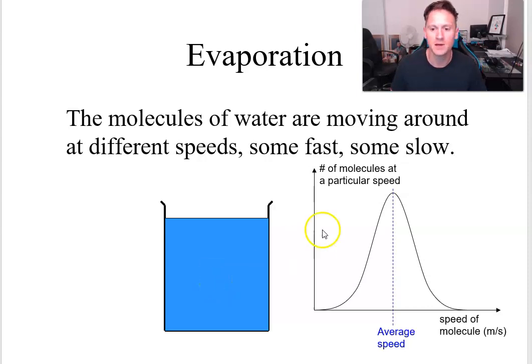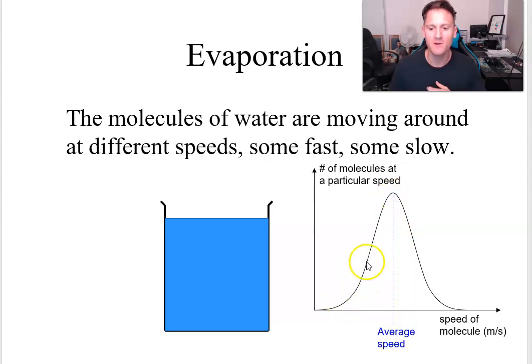Okay, so if we look at this graph here, we're graphing the number of molecules at a particular speed, and we've got a normal distribution bell curve here. So the x-axis is looking at the speed of the molecule. What this is saying is most of the molecules are moving at an average speed, okay? Not too fast, not too slow.